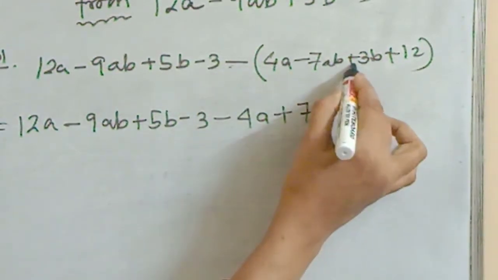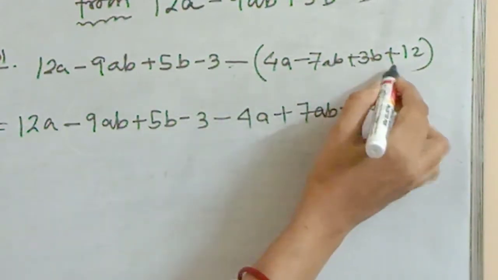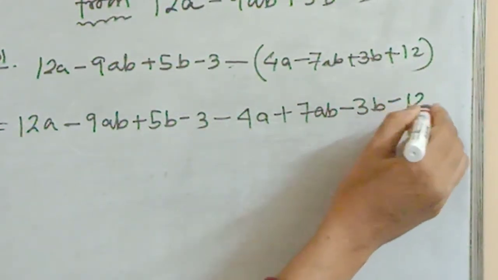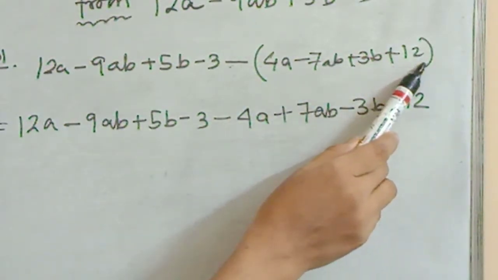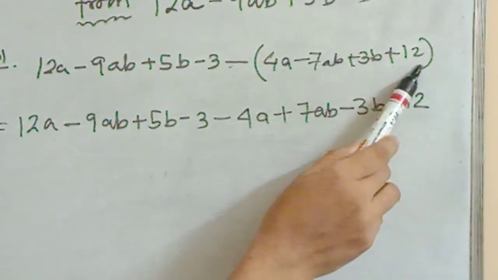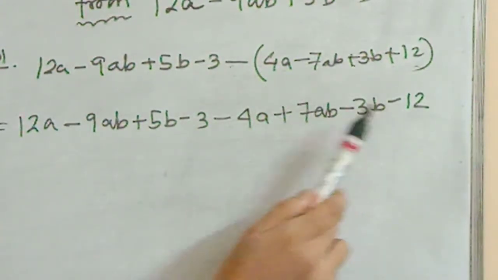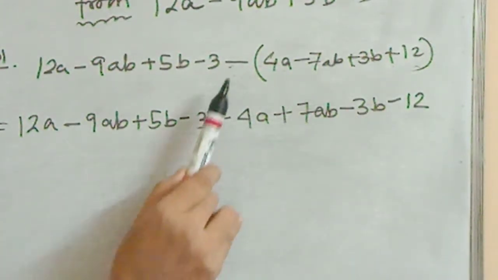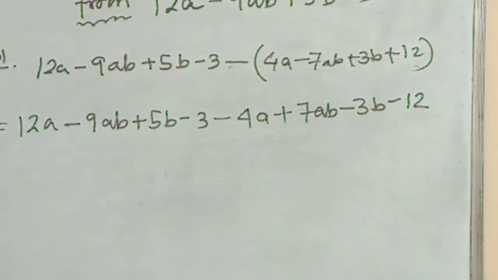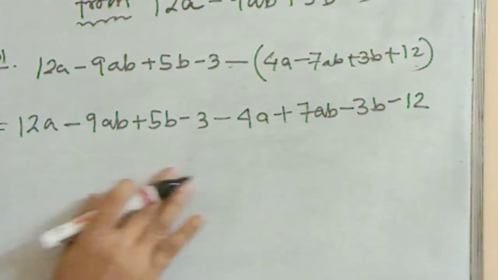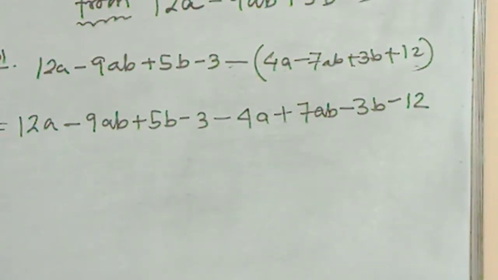Then minus into plus, minus 3b. Then minus into plus, minus 12. See, whatever the signs inside the bracket in the expression were, all the signs have been changed to their inverse, because minus is outside and you are multiplying all the signs by this minus sign. Understood? Now, same as you have done in question number 3, arrange them according to their like terms.